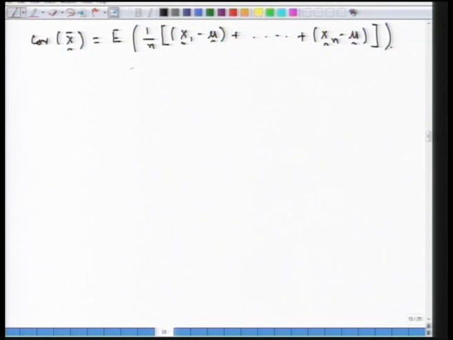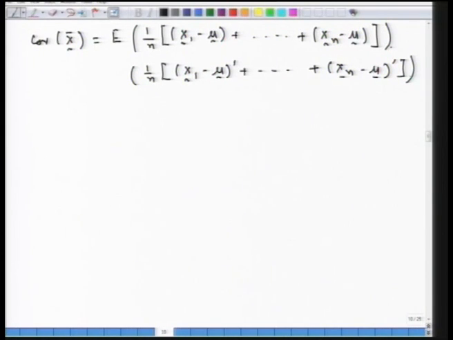Now, this is multiplied by the transpose of this. Transpose of this would be given by 1 upon n, and then the transpose of the first entry, which is x1 minus mu transpose, plus xn minus mu transpose, right.